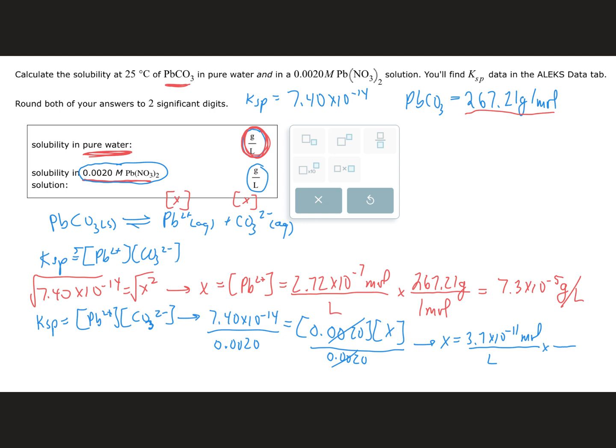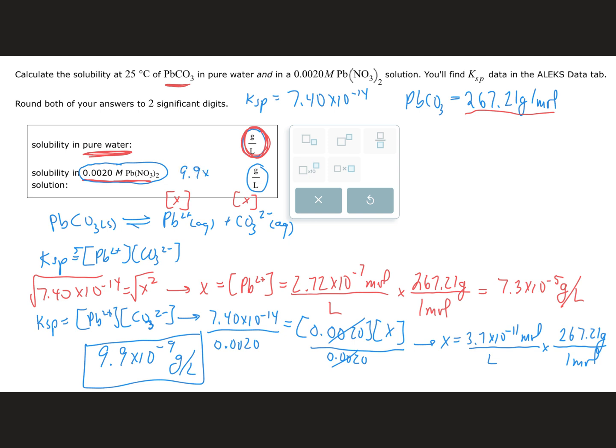So the same final last step, for every 1 mole, 267.21 grams of this. So we multiply, and the solubility in the presence of the common ion, I get a solubility of 9.9 times 10 to the minus 9 grams per liter.